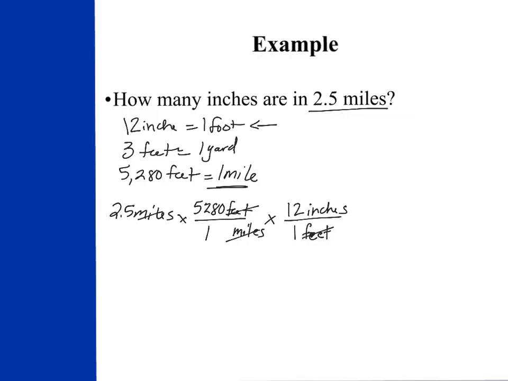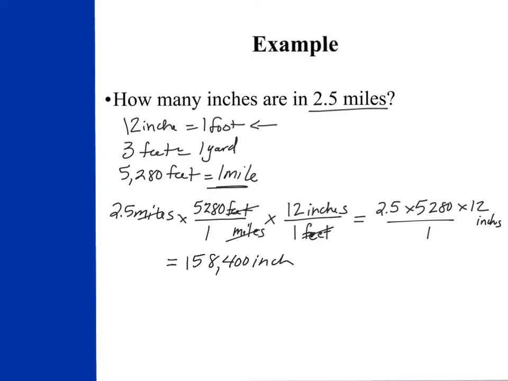And to find the answer to that, I just need to multiply across. So we take 2.5 times 5,280 times 12, divided by 1, and this is all left in inches. If we multiply that all together, I get 158,400 inches.